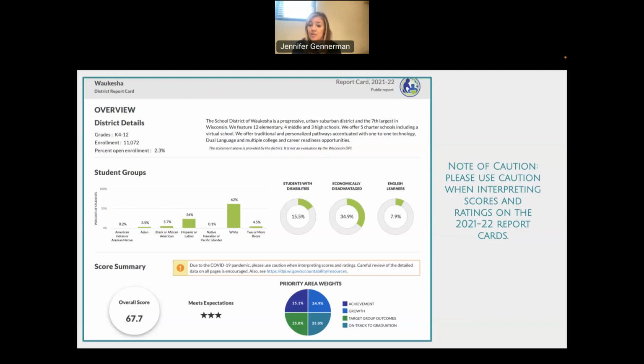Depending on the percentage of economically disadvantaged for the district or individual school, these priority area weights may shift. Oftentimes, the higher the economically disadvantaged percentage of students, the higher the weight is given to growth. So let's look at our priority areas as a district.